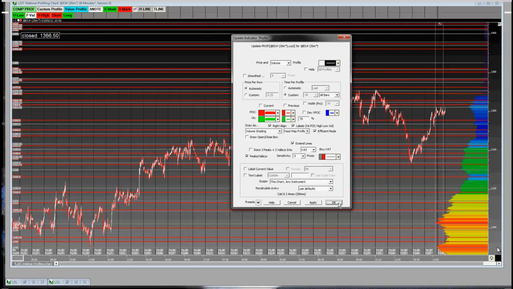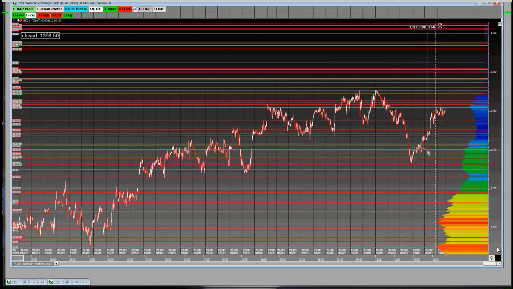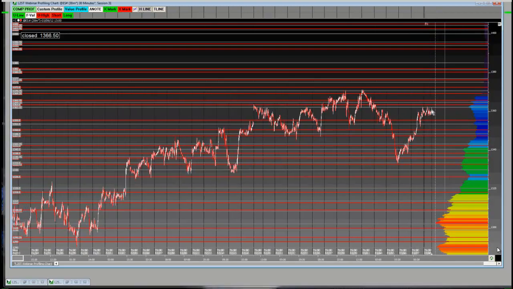Once I do that, you can see this profile will now span over the full time frame for this chart, which would automatically go back to October 2007, 11th of October 2007, and right from that day up until where we are in the present moment, it will show me where rejection and acceptance has occurred.